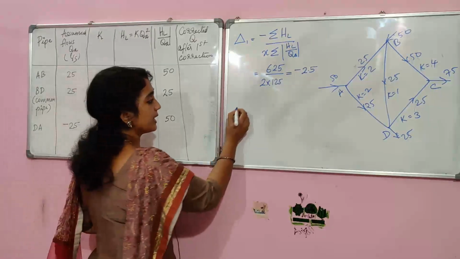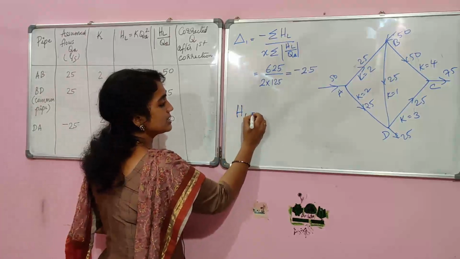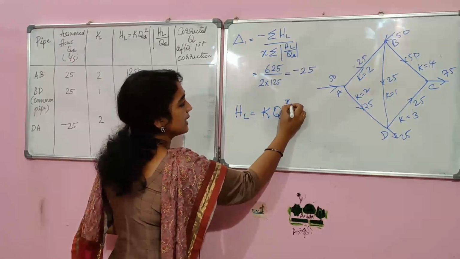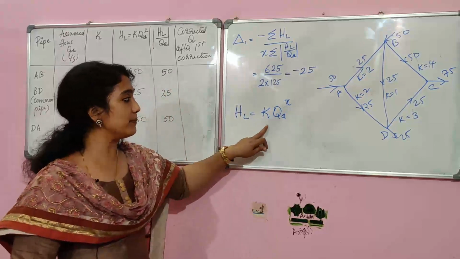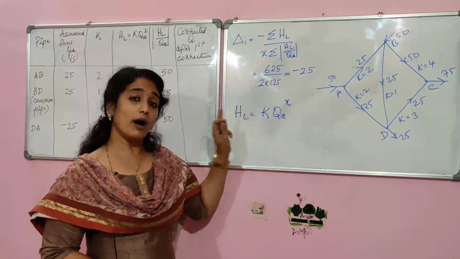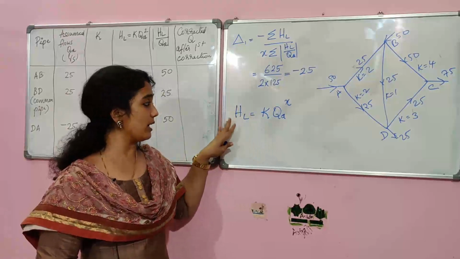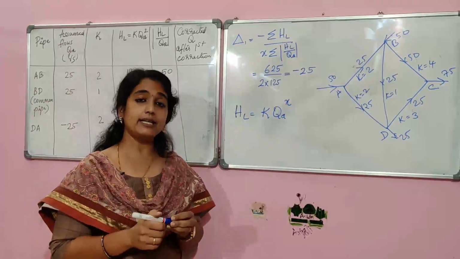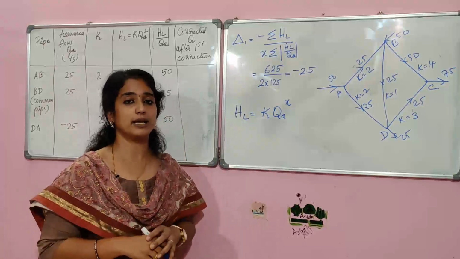The equation for head loss is HL is equal to K into QA raised to X. This K will depend upon what equation we are using for calculating head loss. There are 3 equations for calculating the head loss in a pipe network analysis.